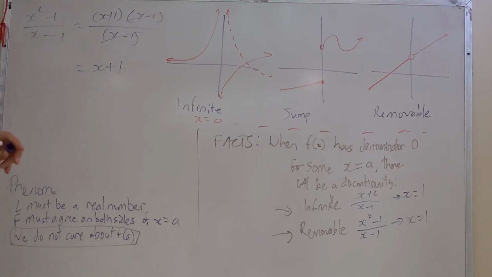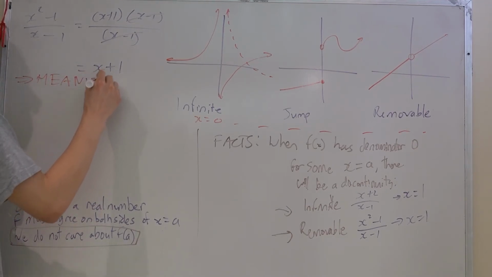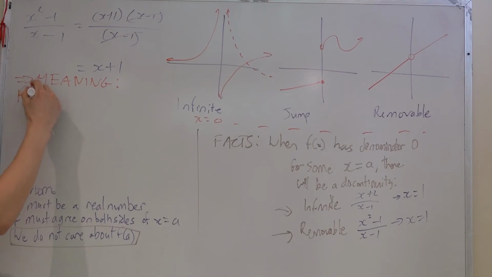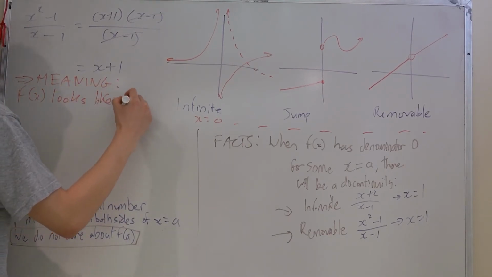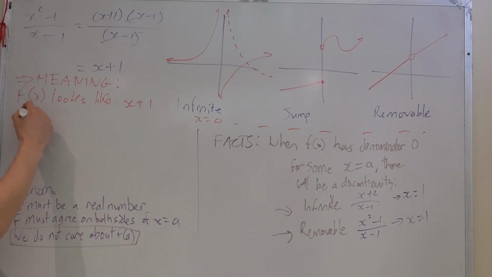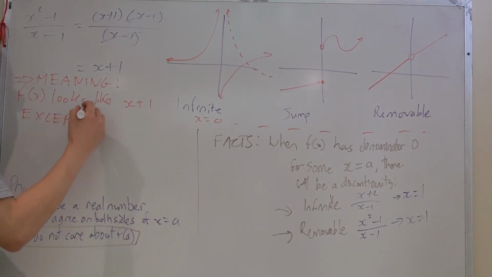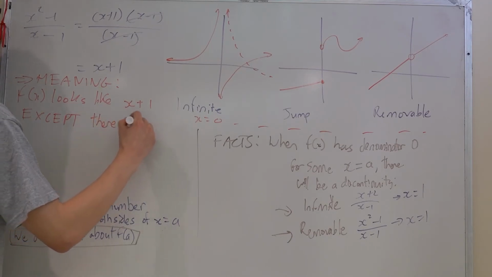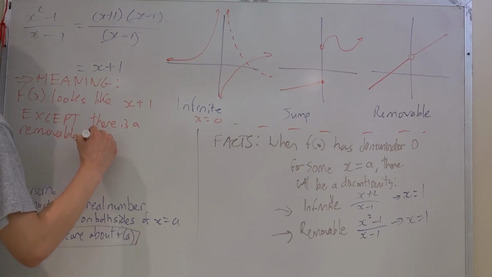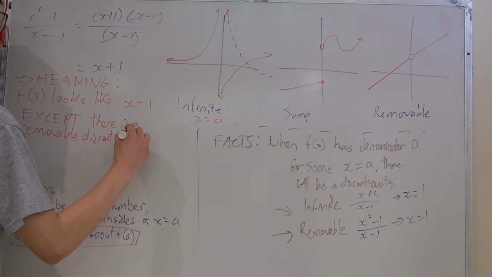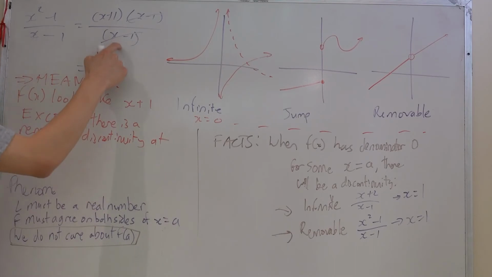So what this is saying, what does this mean? f of x looks like the function x plus 1, except there is a removable discontinuity at the point x equals 1.